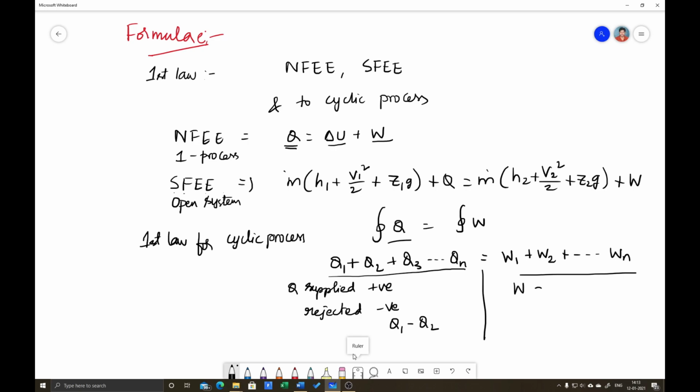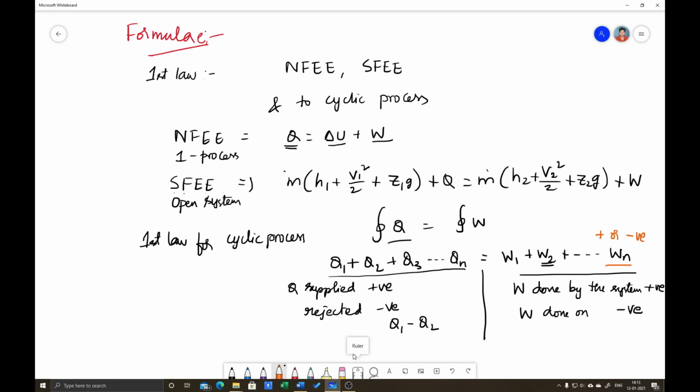Similarly, work done by the system is positive, whereas work done on the system is negative. So depending on the particular work done, you have to write whether it is positive or negative.